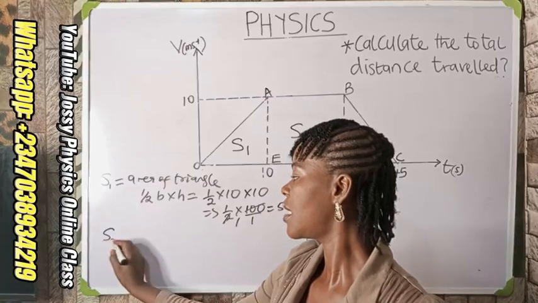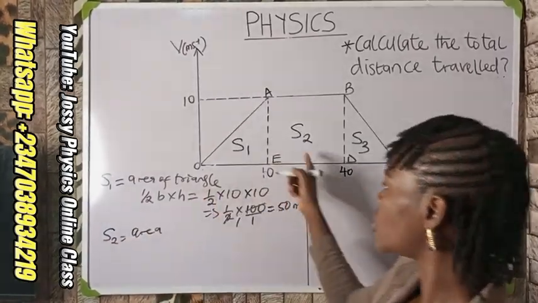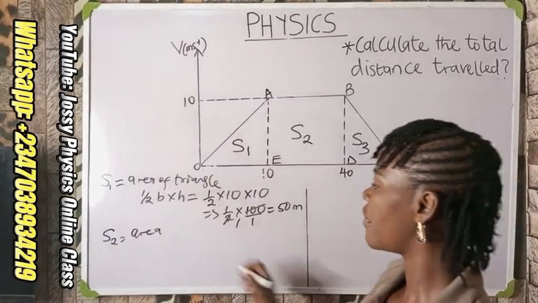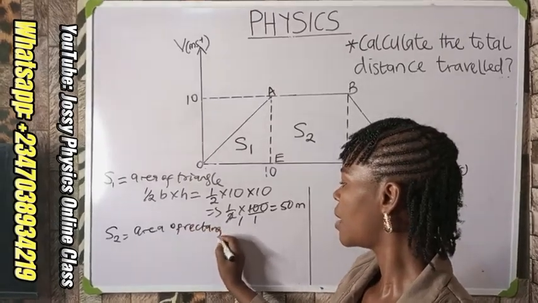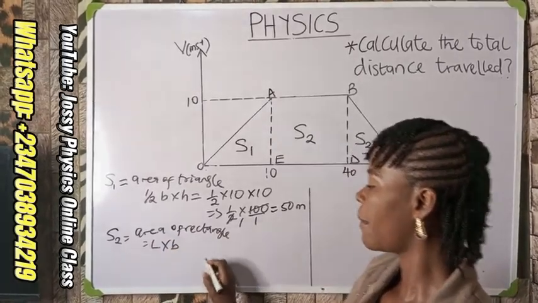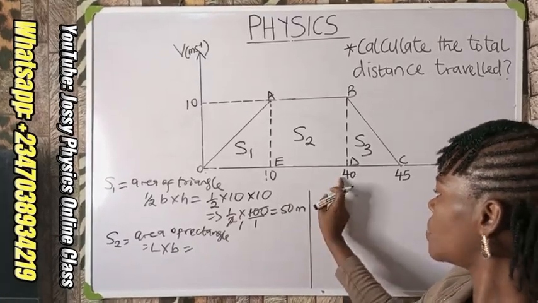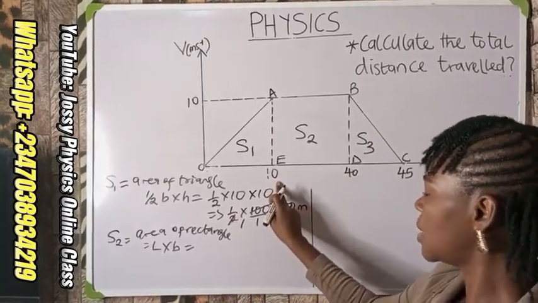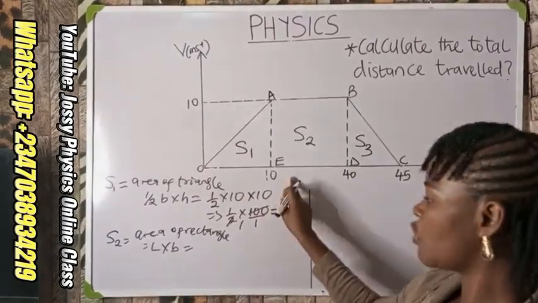I will say S2 is equal to the area of a rectangle, because this shape is a rectangle. The formula is length times breadth. What is my length? I have the difference between 40 and 10, which gives me 30. That is 40 minus 10, which gives me 30.